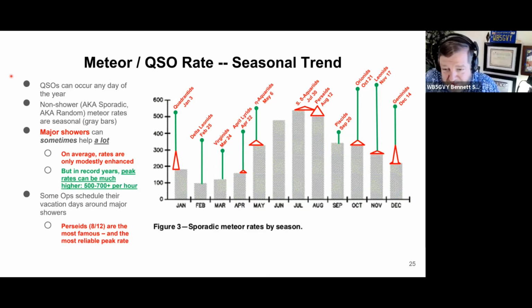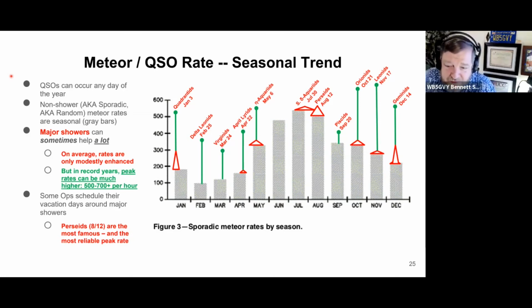But in general, if you look at the long-term average, the best time of the year is August, because you've got the non-shower random meteors close to their peak, although July is a little bit better.